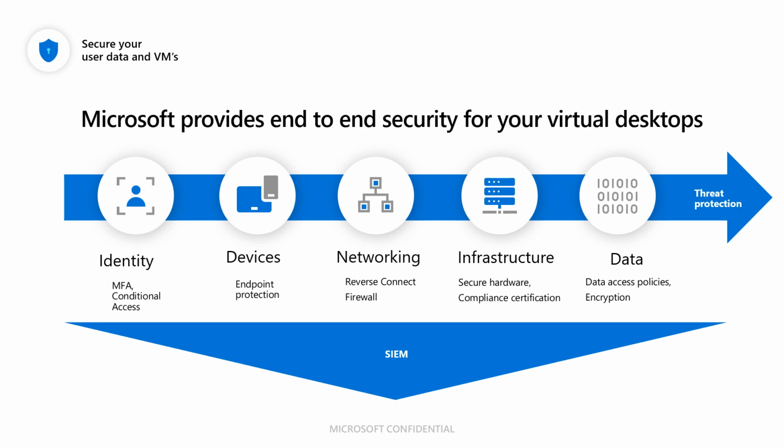You can also implement your own network security and firewall appliances in Azure for advanced protection. You need to open outbound port 443 in the firewall of your session hosts. And as I touched on earlier, Reverse Connect, which is only available in Azure Virtual Desktop.